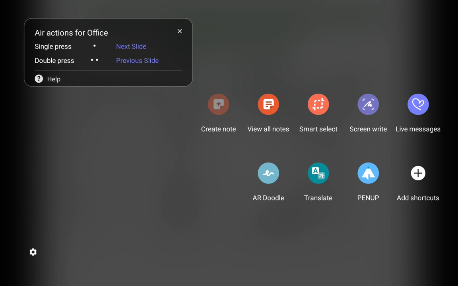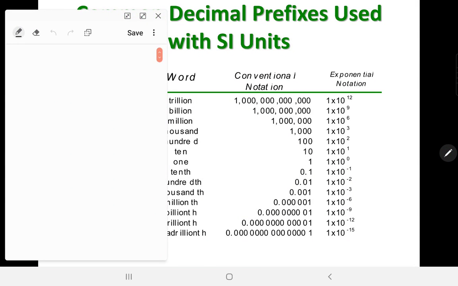Let's do an example that is familiar to you. Let's use US units and see if we could convert 3 feet into inches.